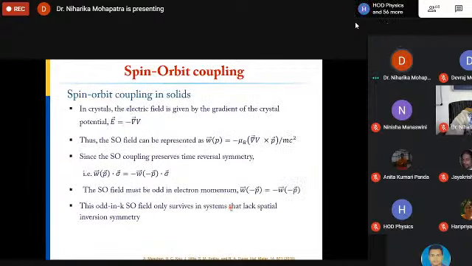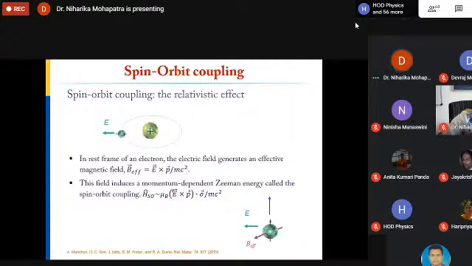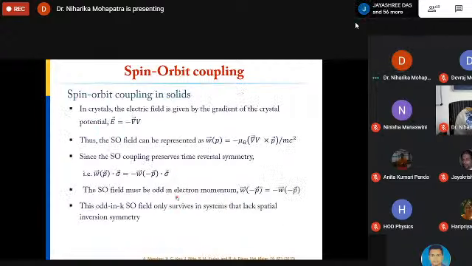The difference is that the electric field we take here is originated by the potential gradient that develops in the crystal lattice. You must have heard of the crystalline electric field effect. Inside the crystal, because of the arrangement of ions and charges, there can be some crystal field.